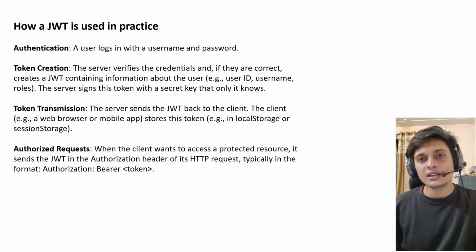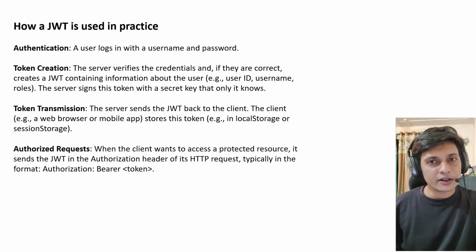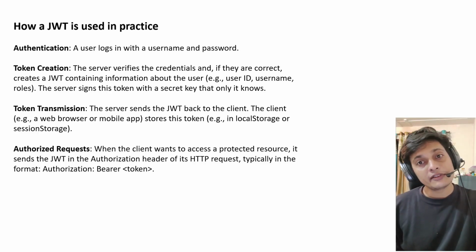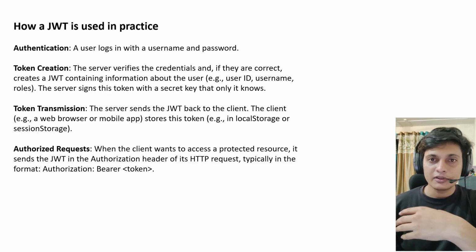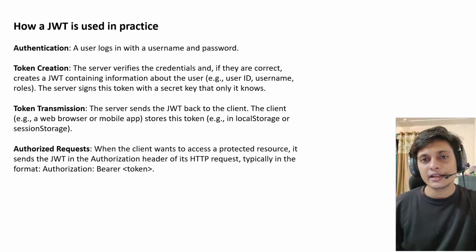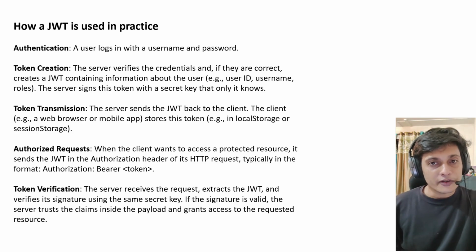So every time this browser sends a request to the server, it will add that token which it got from the application server, and it will send it through the network to your application server, and then the application server will process that token. Okay. How will it process the token? The server receives the request, extracts the JWT, and verifies the signature.